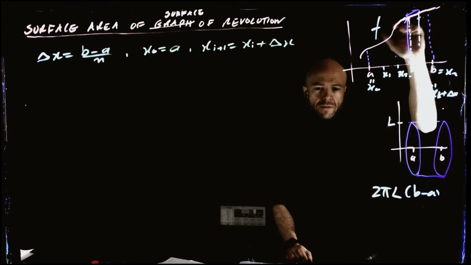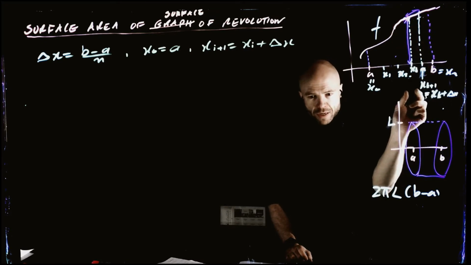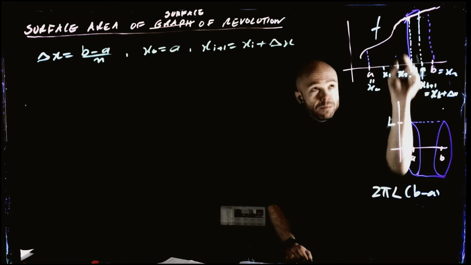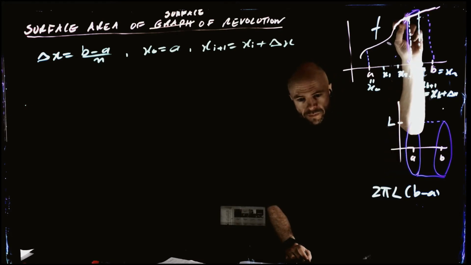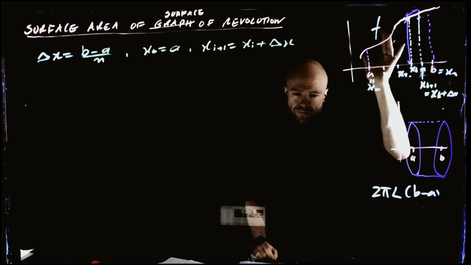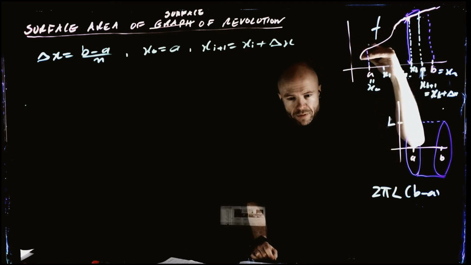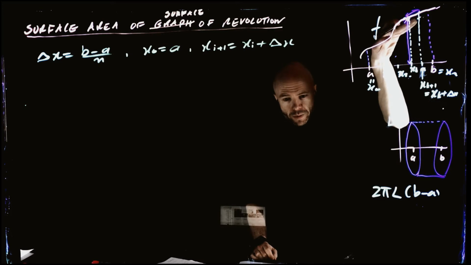It's not flat. If it was flat, then the thickness would be clear, it would just be delta x. But it's not. There's an angle. If we had a very steep angle, then it would be a lot bigger than delta x. If the angle was very, very small, it would be like delta x. Do you see what I mean? So we have to take account of this slope here.